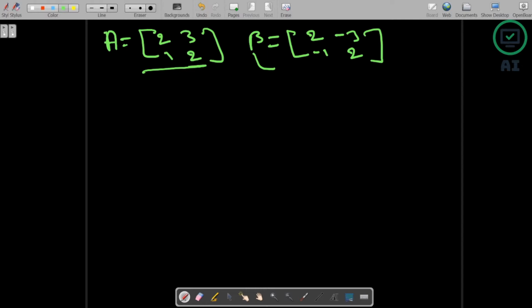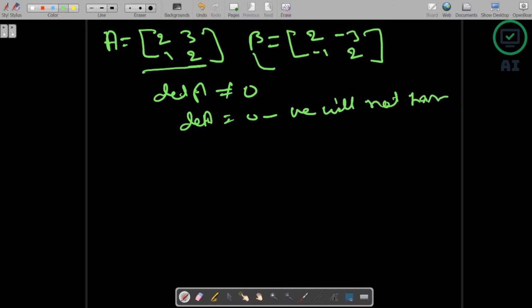So if A has an inverse, that means the determinant of A is not equal to 0. If it is 0, then we will not have an inverse.